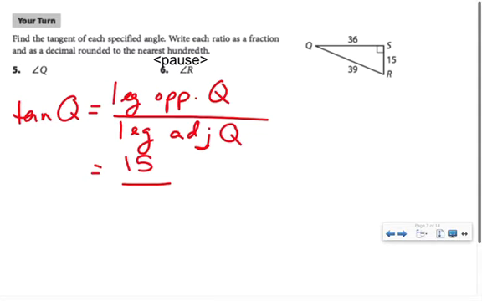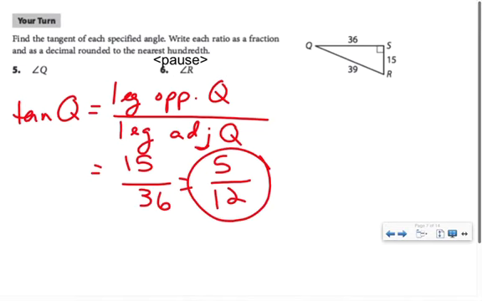The leg adjacent to Q is 36, and you're in high school, reduce your fractions. This reduces by a factor of 3, so I have 5 over 12. Pause your video to work through the Your Turn on your screen, number 6.